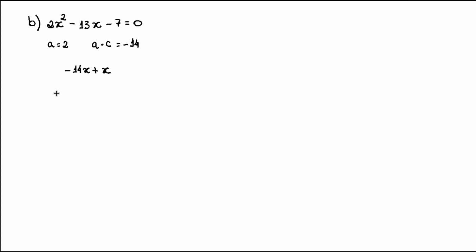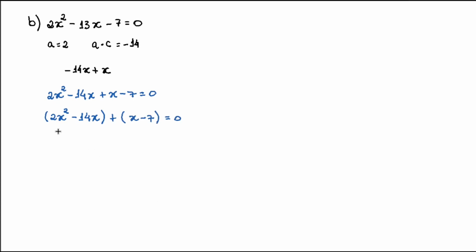So let's rewrite the equation by substituting the middle term with these two terms: 2x squared minus 14x plus x minus 7 equals 0. Now we can proceed with factoring by grouping. First, we group the terms in pairs: 2x squared minus 14x plus x minus 7 equals 0.